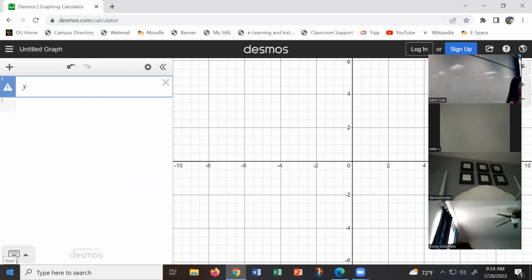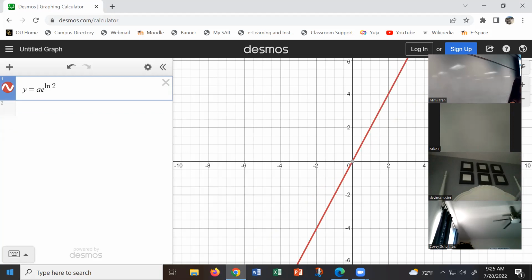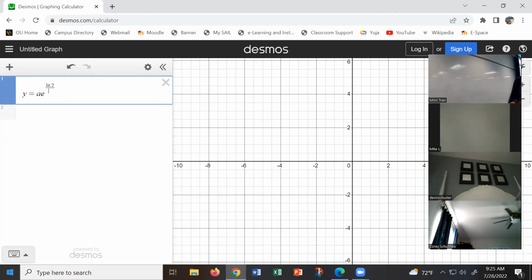So I got y will be your final amount equal a naught, times e to the k, where e to the k is going to be ln 2/6, and then t is the variable that you're looking for.